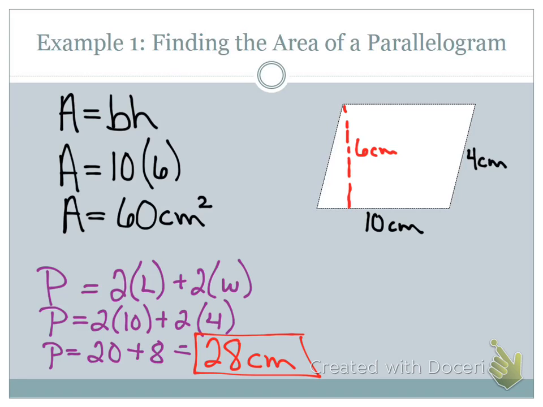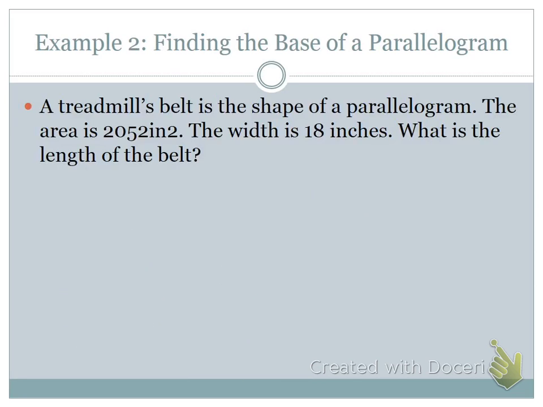Okay. All right, so now in example 2, I have a parallelogram that is the belt of a treadmill. Everybody know what the belt of a treadmill is? It's that thing that goes around and around and around and we run on it. Okay, so now it says the area is 2,052 inches squared.